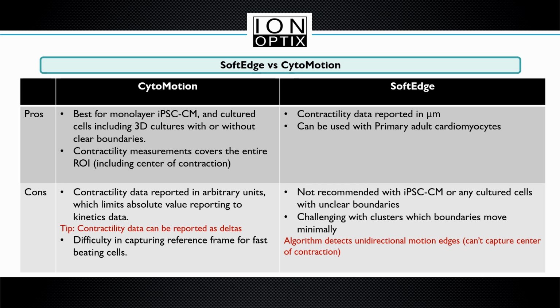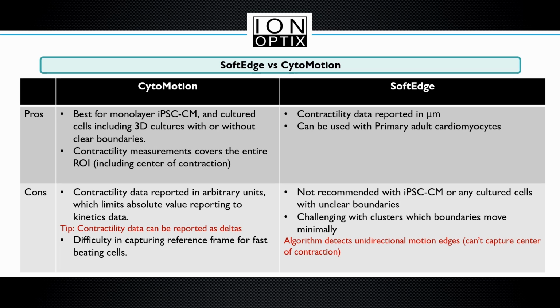However, CytoMotion also has its disadvantages. The contractility data is reported in arbitrary units, limiting absolute value reporting to kinetic data. The other challenge with CytoMotion is selecting reference frames, which should be captured when cells are resting. This is challenging to capture when cells are beating fast.